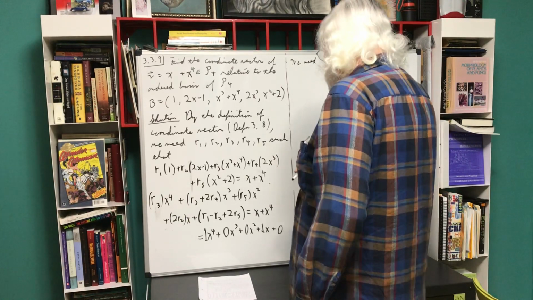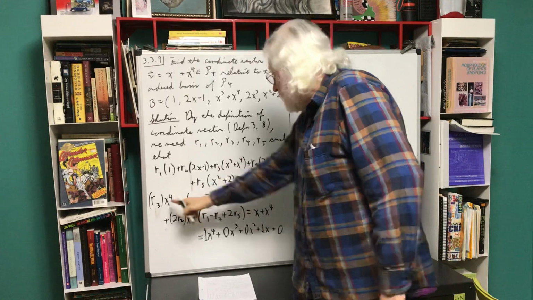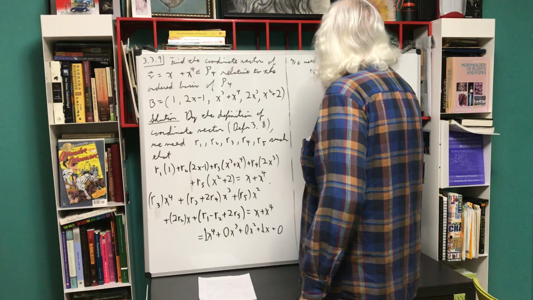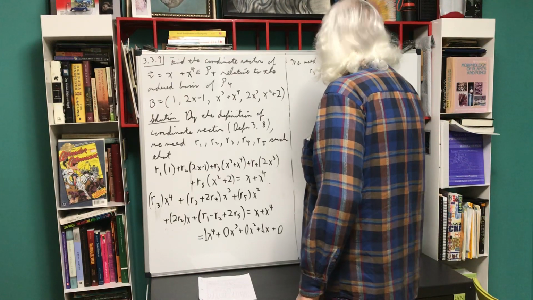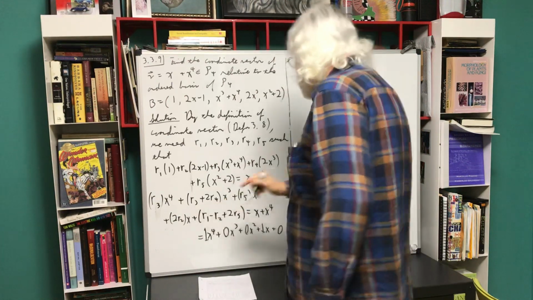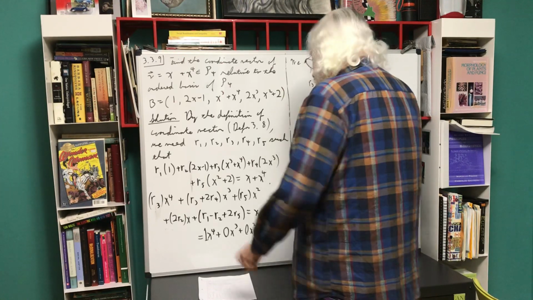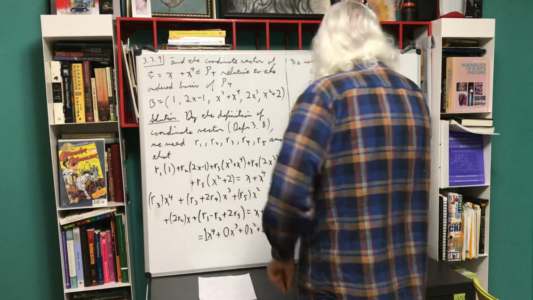We need R3 to equal 1. We need R3 plus 2R4, the number of x cubes, to be 0.